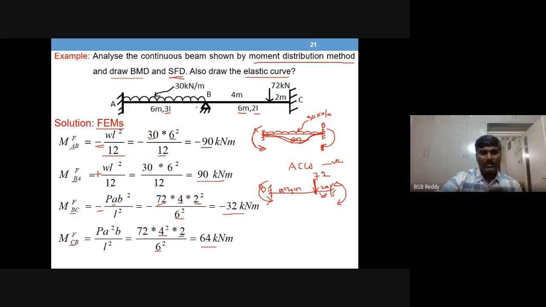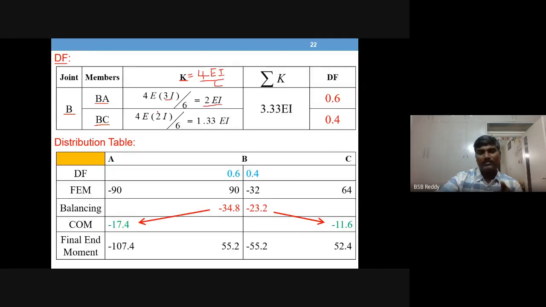Where you are calculating the distribution factor, B is the near end, so A becomes the far end, and C is also a far end. A is fixed, C is also fixed. If the far end is fixed, I know the stiffness value is 4EI by L. So that's how it is. So 1.33 times EI.